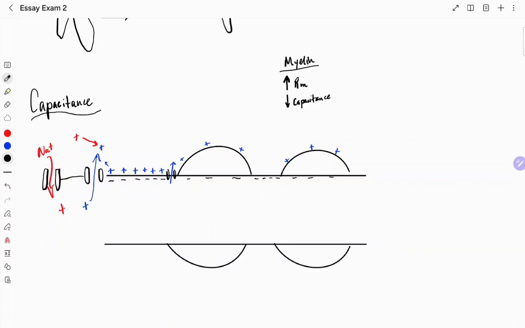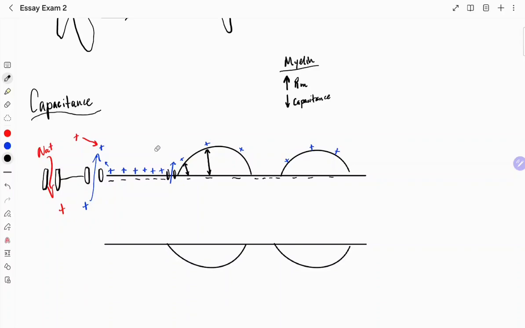Well, as these potassiums are pushed out of the cell, for example, there is a greater distance between these separated charges, which means that their energy is not being shared as tightly and closely as these are.